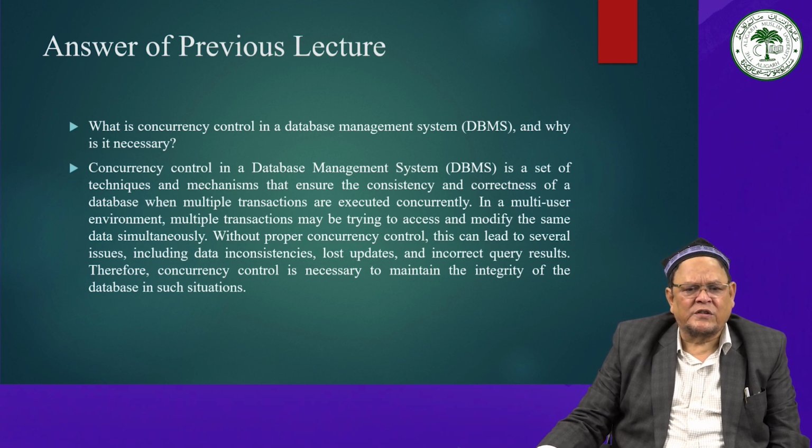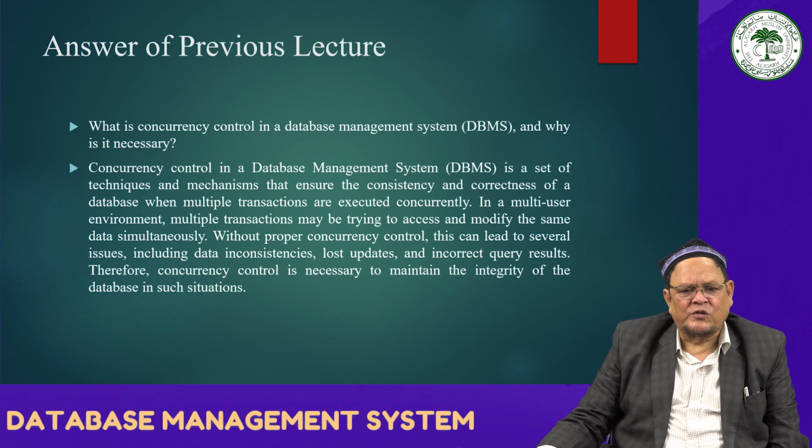In a multi-user environment, multiple transactions may try to access or modify the same data simultaneously. Without proper concurrency control, this can lead to several issues, including data inconsistencies, lost updates, and incorrect query results. Therefore, concurrency control is necessary to maintain the integrity of data in such situations.